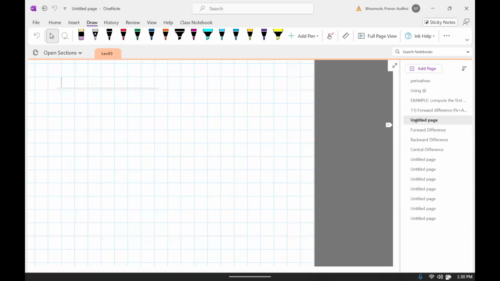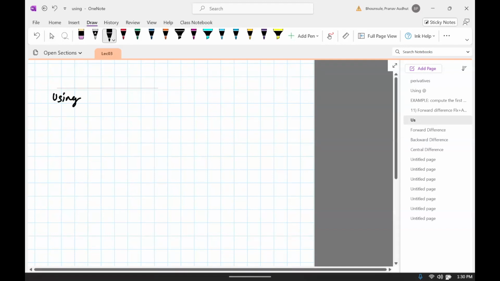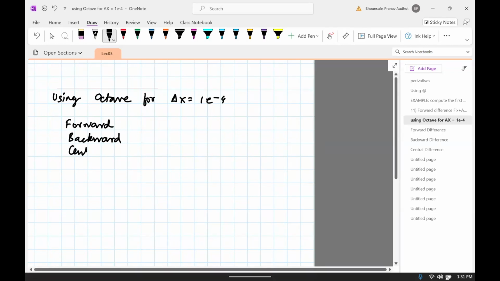Let me just write the solution here, so that way you have it when you try it out at home using Octave. For delta x equal to 1e negative 4, we get the following: forward difference, backward, and central.